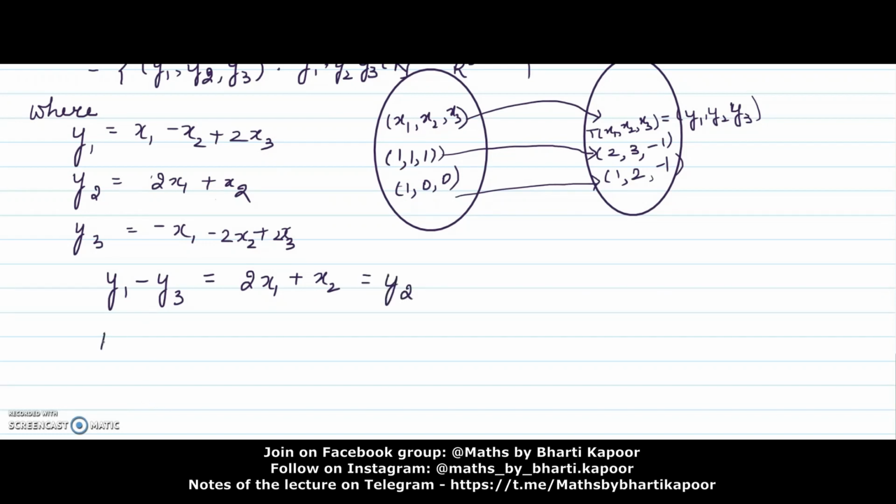So I can write that the range of T is the set of all y1, y2, y3 which are images of x1, x2, x3 elements of R cube, that is, the collection of all such y1, y2, y3 in which y1 minus y3 is equal to y2. So this is the range of the linear transformation T.